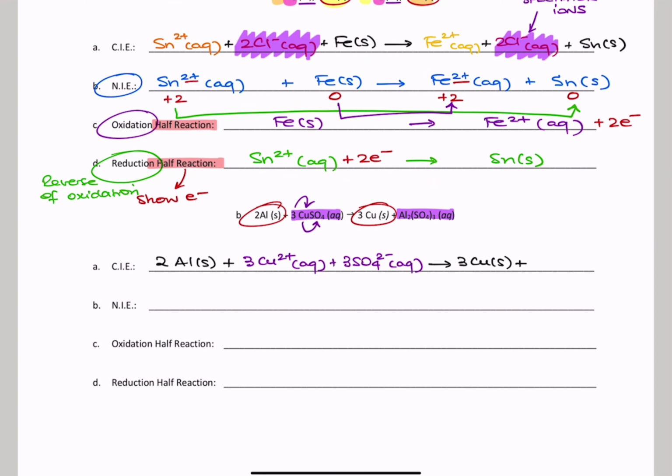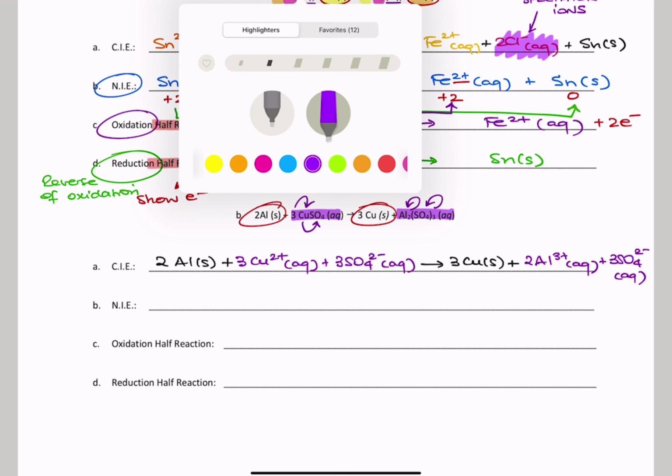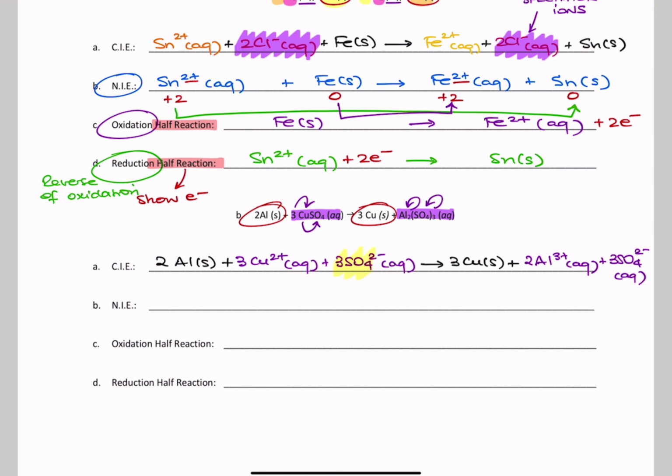And now aluminum sulfate, 2 aluminum ions are released, dissociated, along with 3 sulfate ions. We're going to highlight the spectator ions.